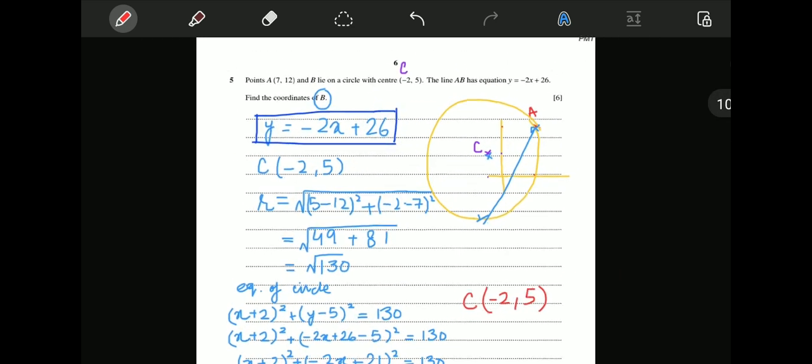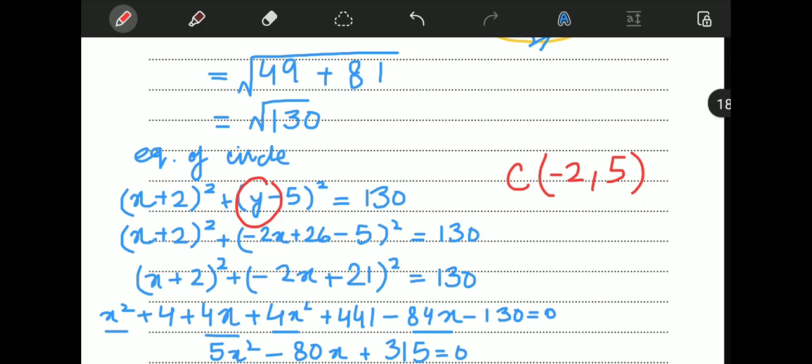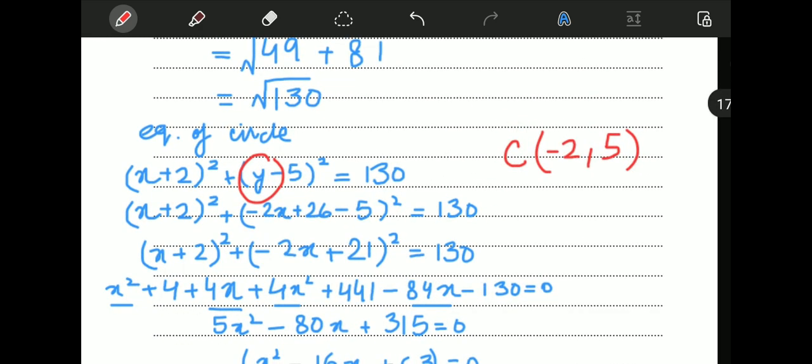we want to find the points of intersection, so we can substitute this y in place of this y. So we substitute this, we will find the point of intersection. So this will give you -2x plus 26. Okay, now solve this all.